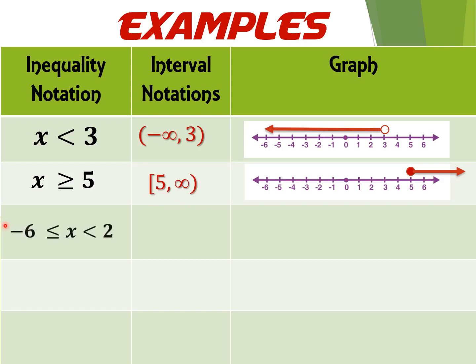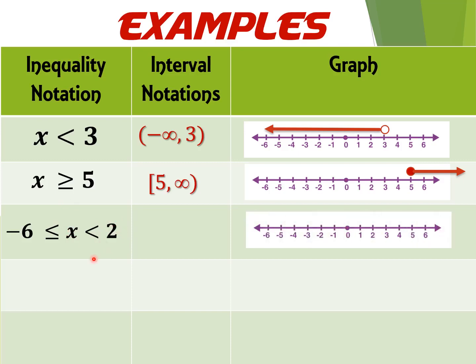Let's have another example. You have here x greater than or equal to -6 but less than 2. If we're again listing the elements, we will have -6, -5, -4, and so on and so forth up to +1 because 2 is not included. To graph it, you will have a closed circle at -6 and an open circle at 2.